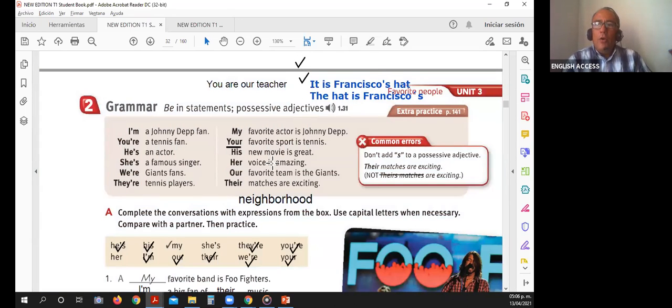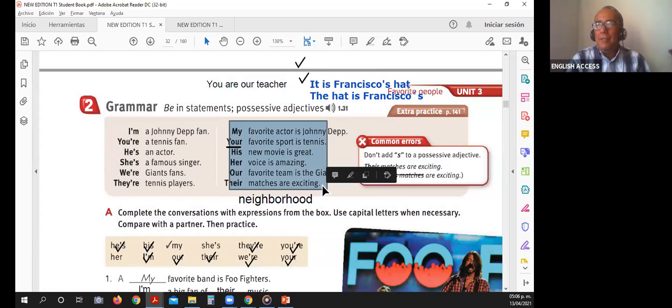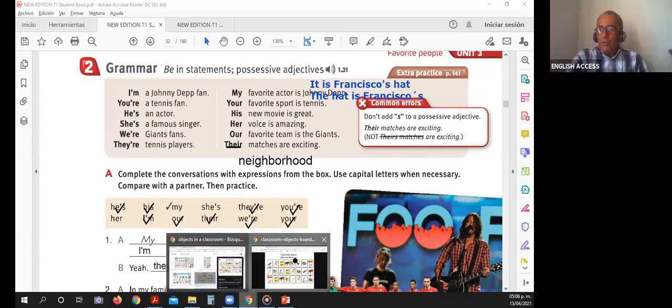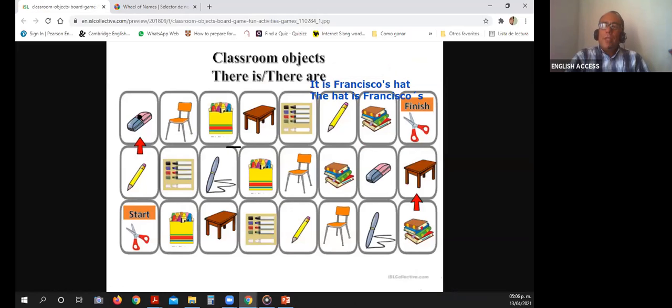Ahorita estábamos usando these possessive adjectives, estos adjetivos posesivos. Mine, your, his, her, its, and so on. For example, Bernardo's eraser. In this case, there is one way to show possession, Bernardo's eraser.